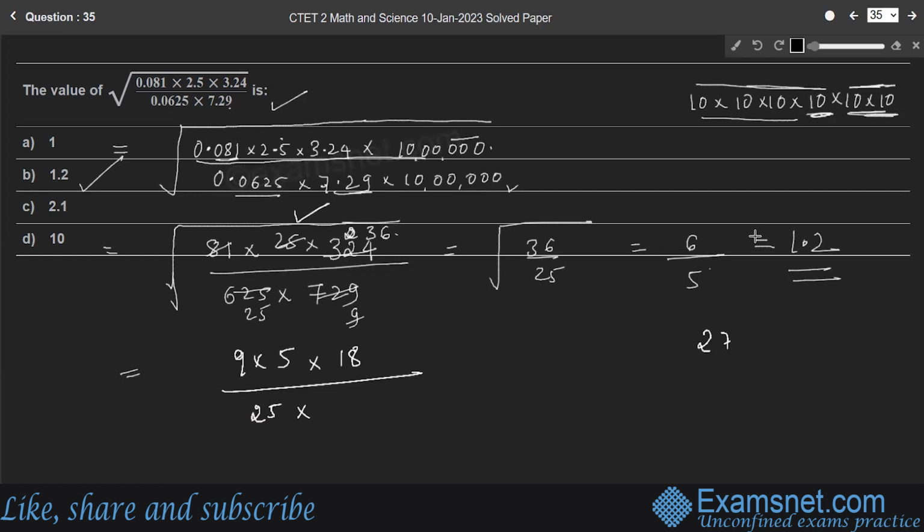You can go for that multiplication part. Yes, 27 is the square root of 729. So now you can simplify. 9 into 3 is 27, 3 into 6, then 5 into 5. You will get the same answer, 6 by 5, which is nothing but 1.2. Hence, option B is the right answer.